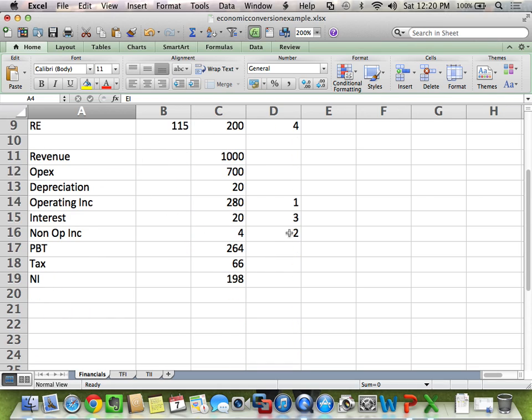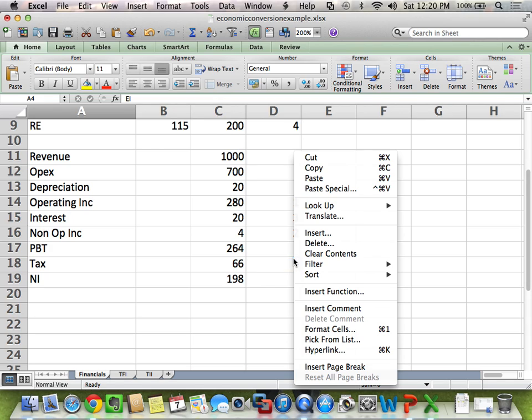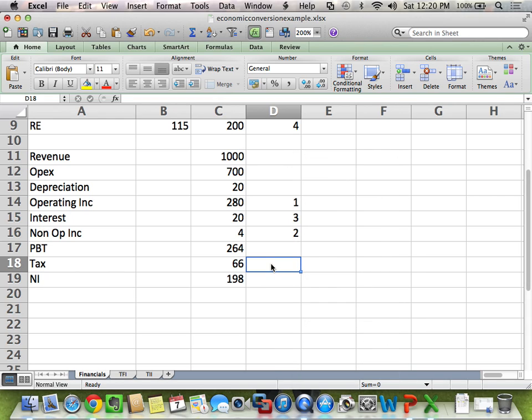I've labeled through non-operating income, taxes. Taxes are operating. Taxes are non-operating. Taxes are debt. This is the other thing we're going to do.